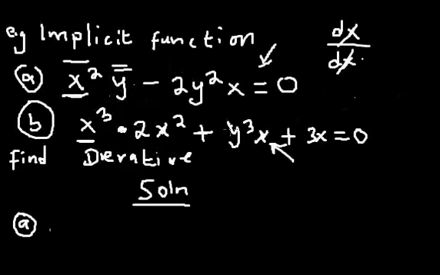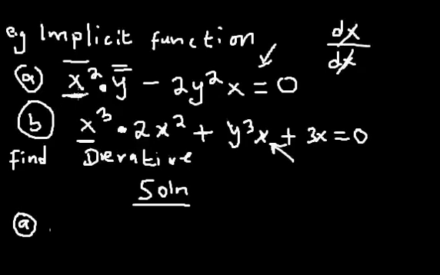So now let me start with this. Solution for a: I have x squared y, then minus 2y squared x. Looking at x squared y, this is a product function, x squared times y, so I keep one constant and differentiate the other.